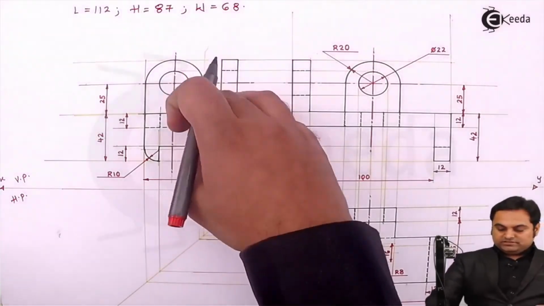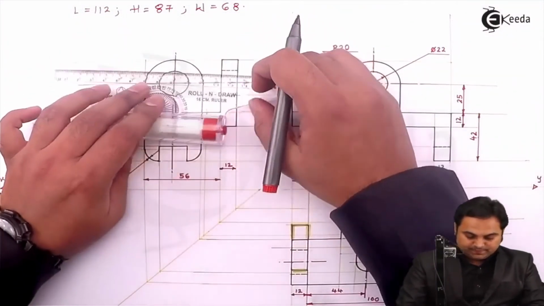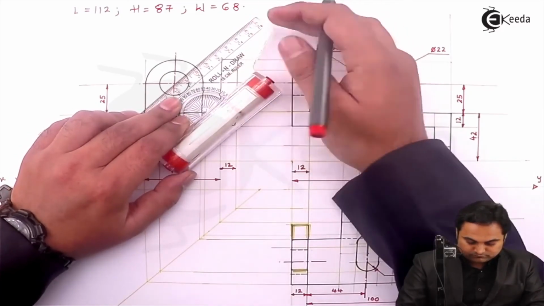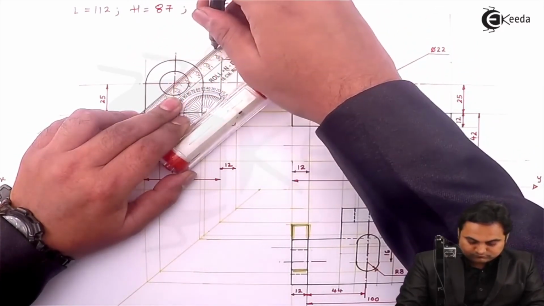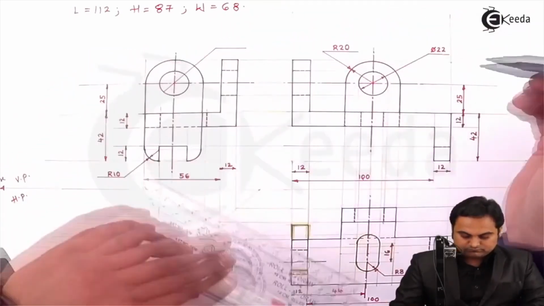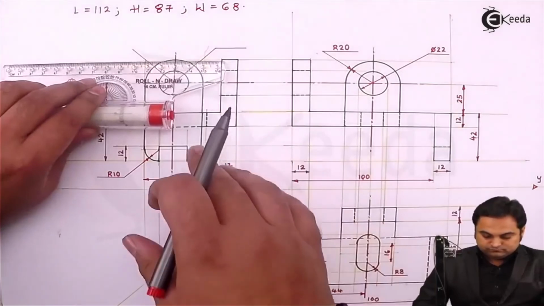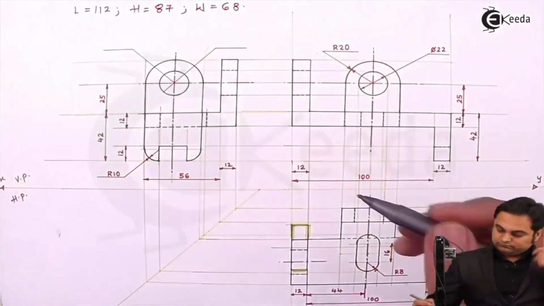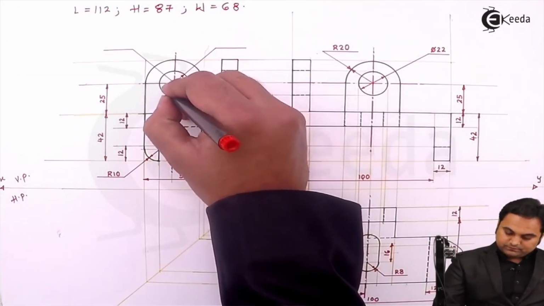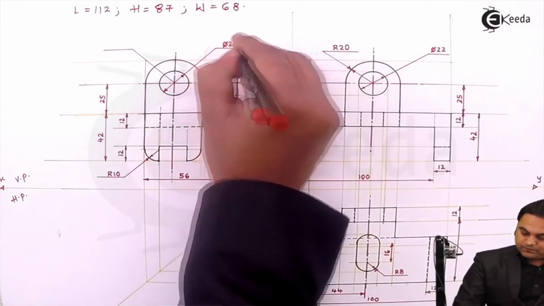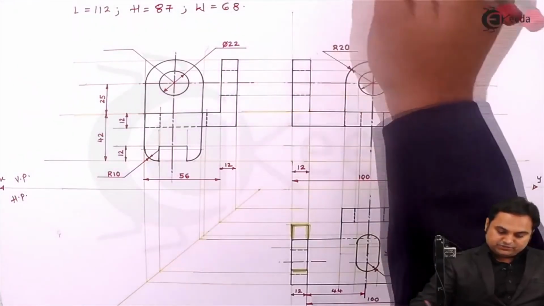Then the semicircle and outer circles are there. This circle has a diameter of 22 and the semicircle has a radius of 20.